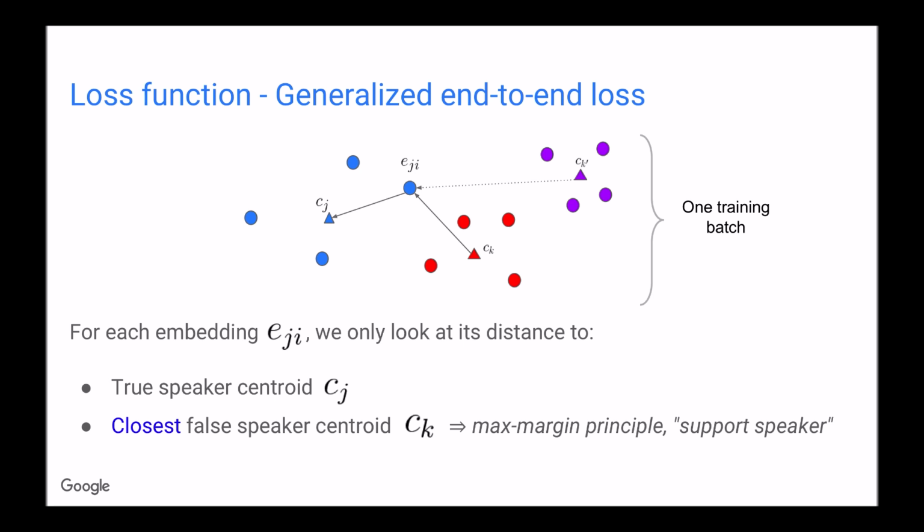This makes sure that in every training step, for each embedding, we always only look at the most difficult negative pair. It's like the max margin principle in support vector machines, and you may call this closest false speaker the support speaker. Generalized end-to-end loss is much more efficient than other loss functions, and for our diarization system, our speaker embeddings are trained with this method.